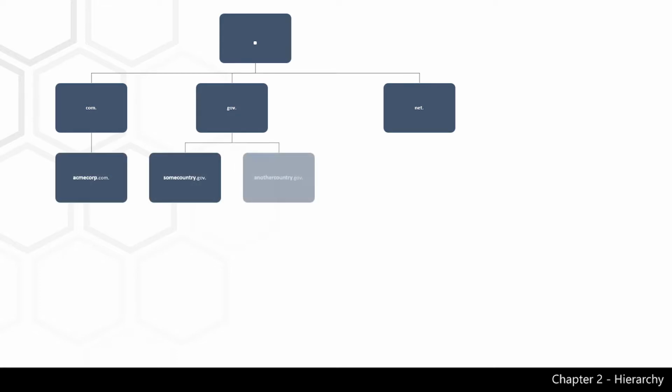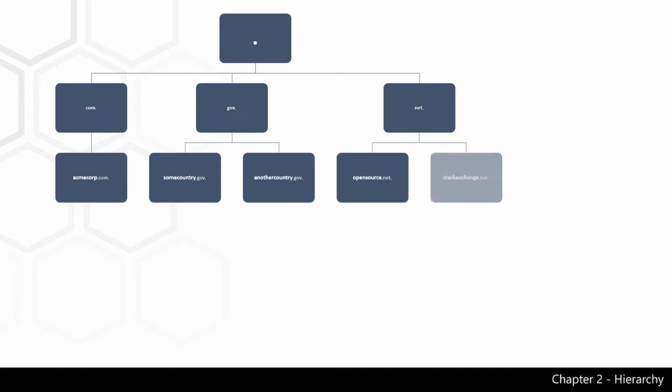DNS is built top down. So at the top we have the root level, and below that we have the common endings like com, gov, net, your country like ch or EU or US, etc. Then on the next level below that we have the domain names.